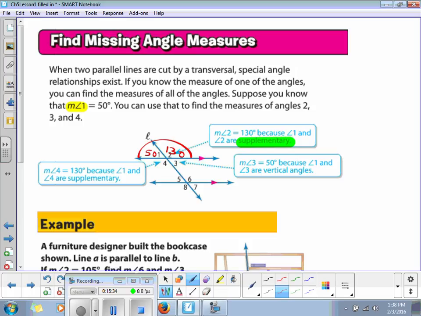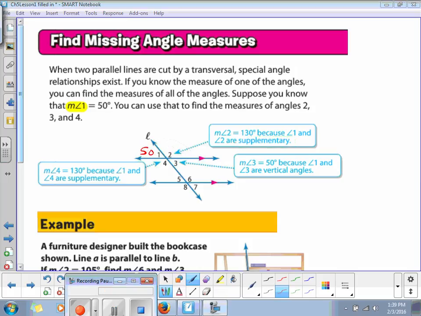All right. So, the measure of angle 3 is also 50 because they are vertical angles. The measure of angle 5 would be 50 because those are corresponding angles. The measure of angle 3, again, would be 50 because these two are alternate interior angles.